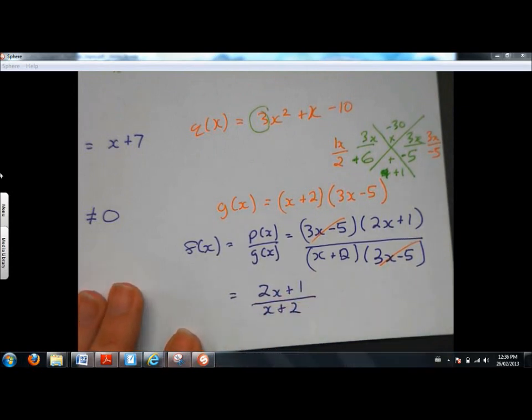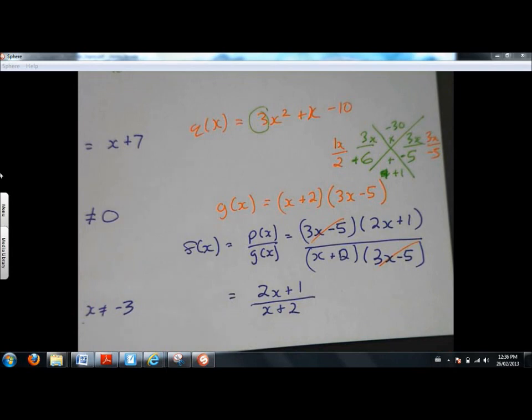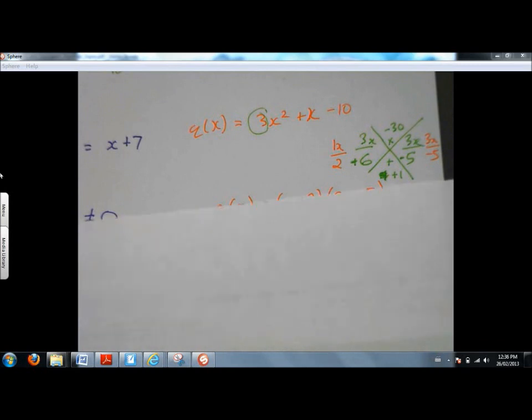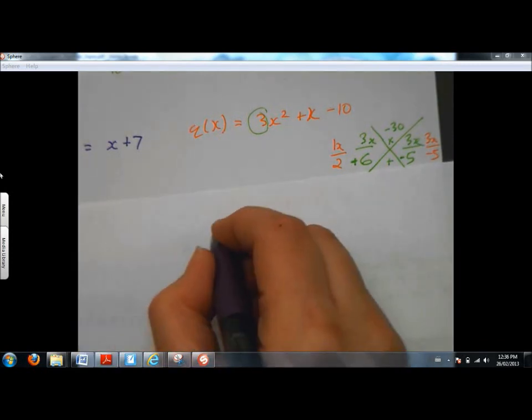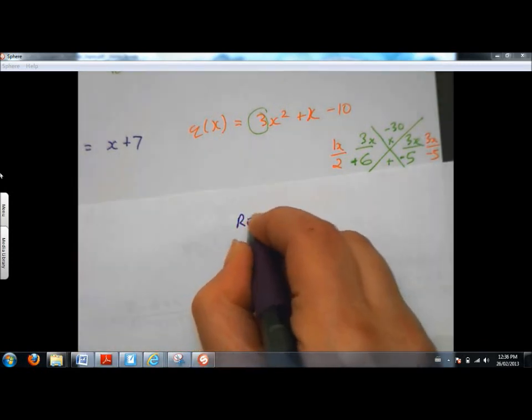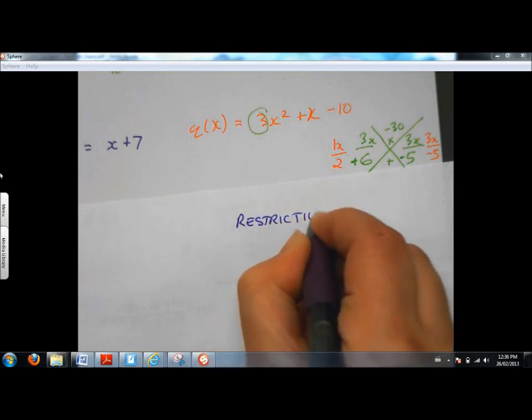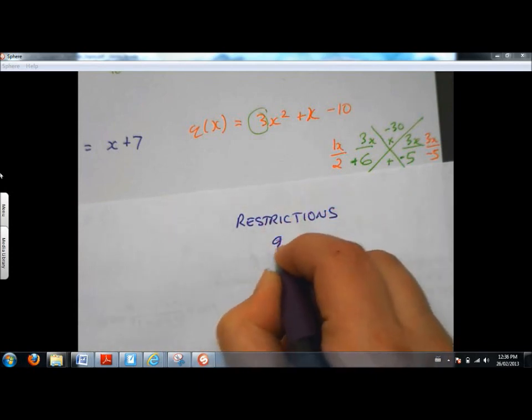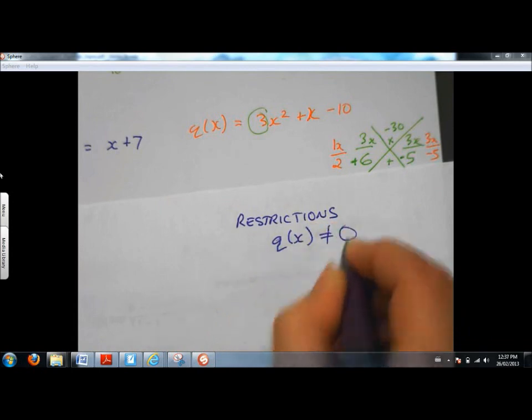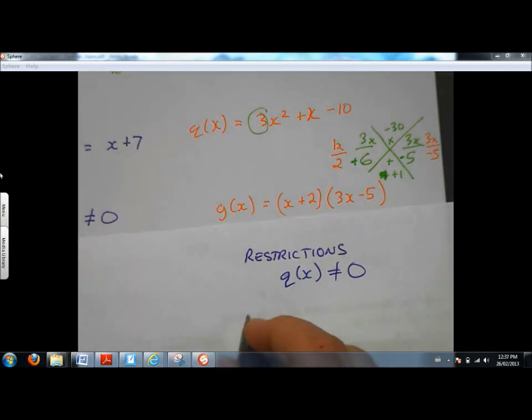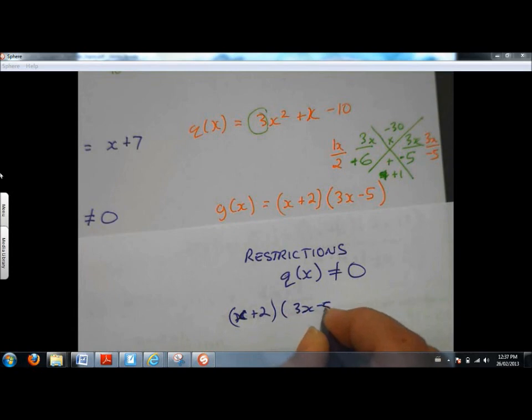Now we've got to do restrictions. So how are we going to figure out the restrictions on this? For a restriction, let's do it at the back of the sheet. We've got to look. Q of x cannot equal 0. What was q of x when we simplified it out? X plus 2 times 3x minus 5. Both of those cannot equal 0.